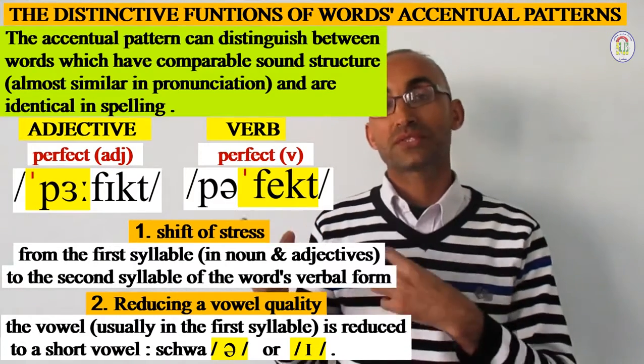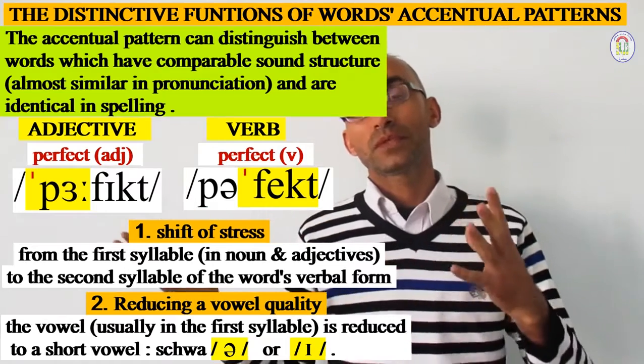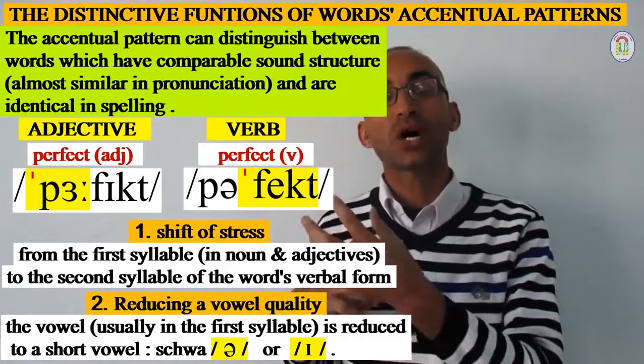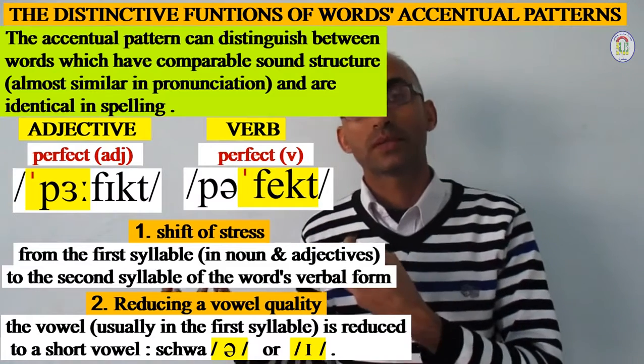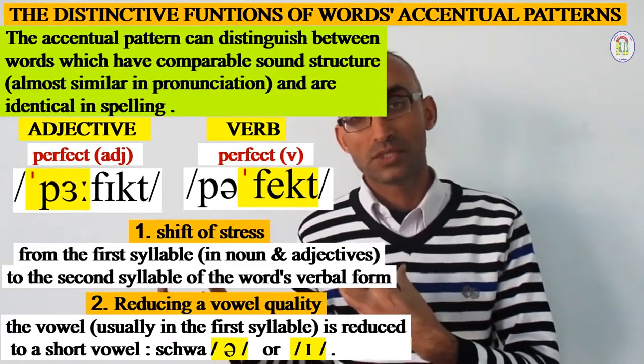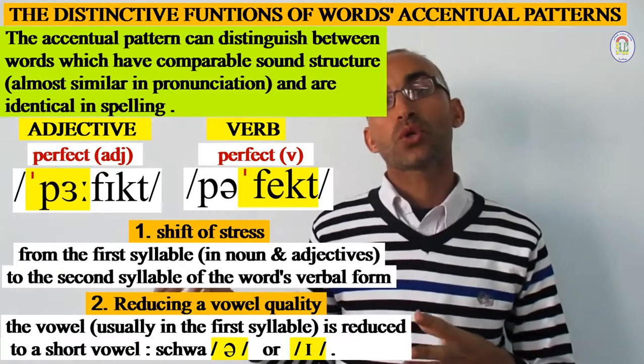And also this shift in stress position within the accentual pattern is related to a change in the quality of its usually first vowel, the quality of the first vowel, which is also reduced. Reduced usually either to schwa or to short e.